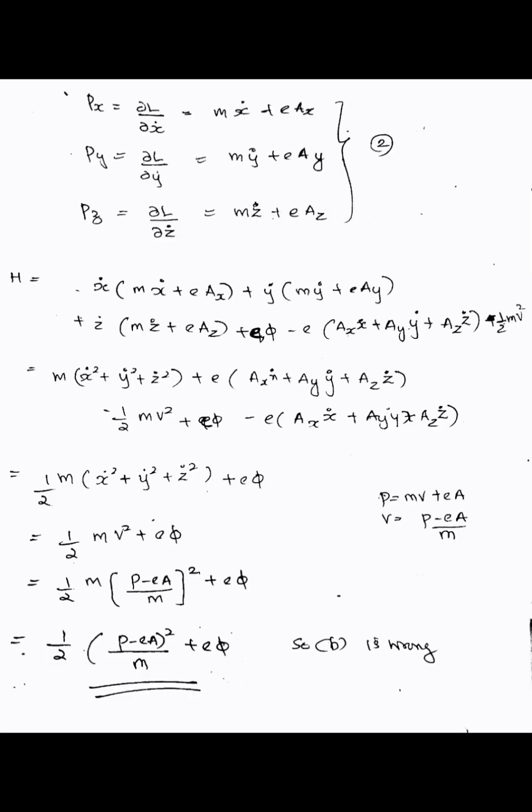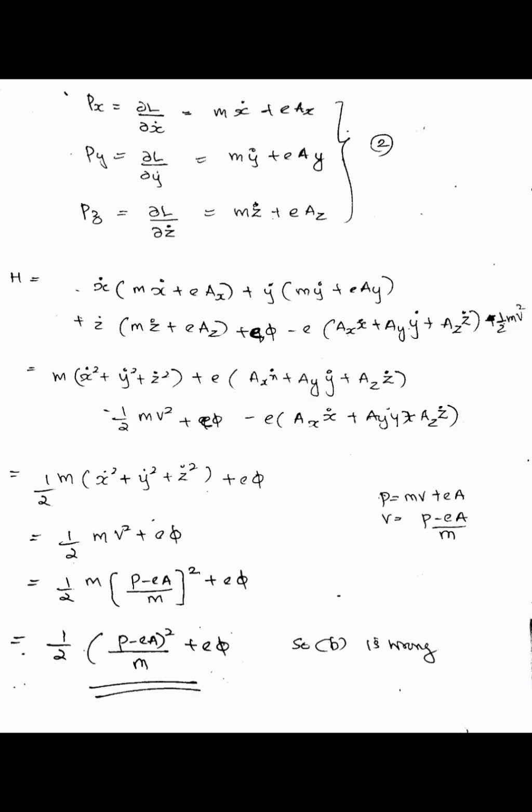From here we can calculate px, py, and pz. px is equal to ∂L/∂x dot, which is m x dot plus e Ax. py is equal to ∂L/∂y dot, that is m y dot plus e Ay. pz is equal to ∂L/∂z dot is equal to m z dot plus e Az.